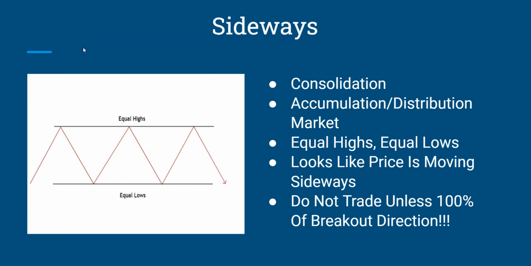So remember, the sideways move in the market is called consolidation. There's accumulation and distribution markets. They both consolidate. You have equal highs and equal lows, and it looks like price is moving in a sideways motion in between a range of basically a high and a low. You do not trade consolidation unless you're 100% sure of the breakout direction.